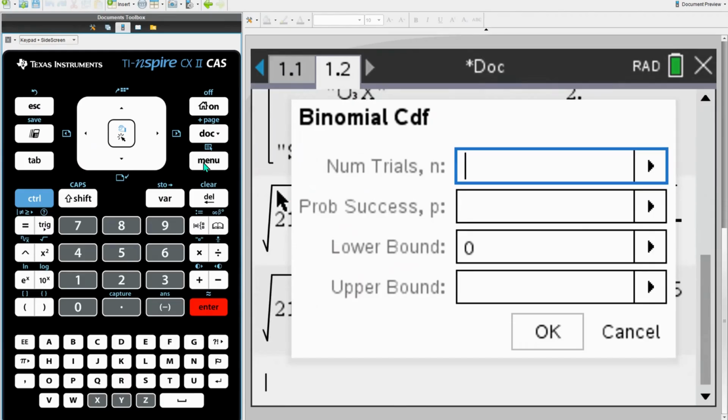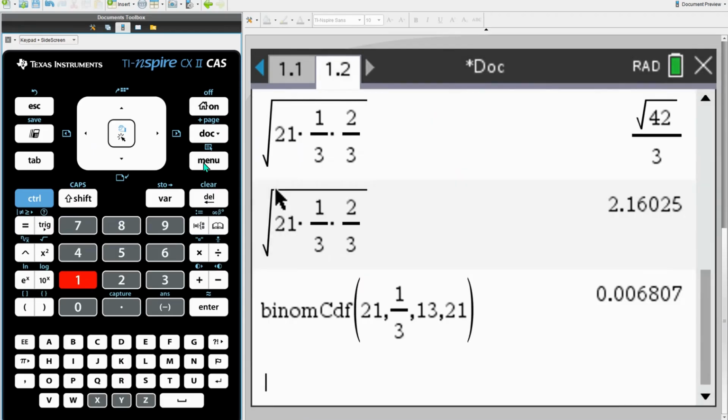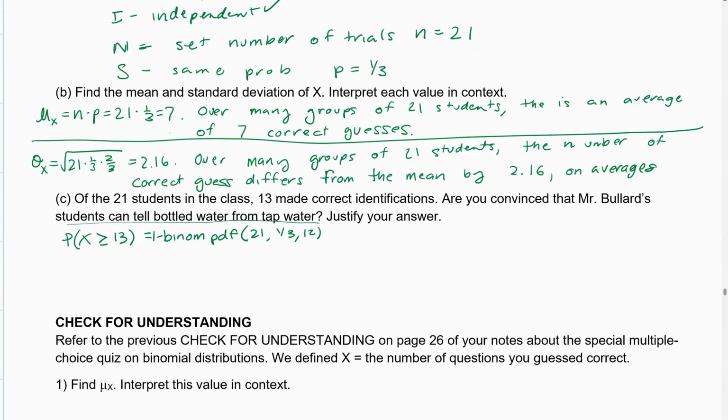Okay, I have the things wrong there. So we have 21 trials. We have a 1/3 chance of success on a trial. Our lower bound is 13, and we want the upper bound to be 21. That will give us the answers from 13 to 21. And we got 0.0068. So let me change my writing here. This is from 13 to 21.